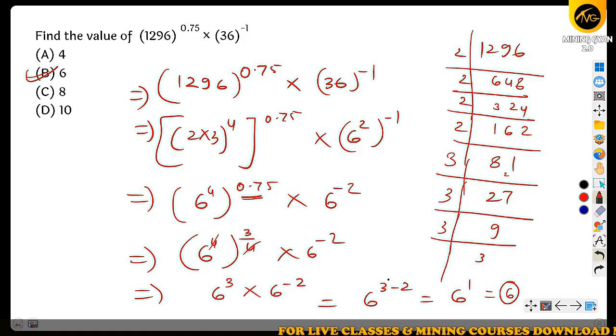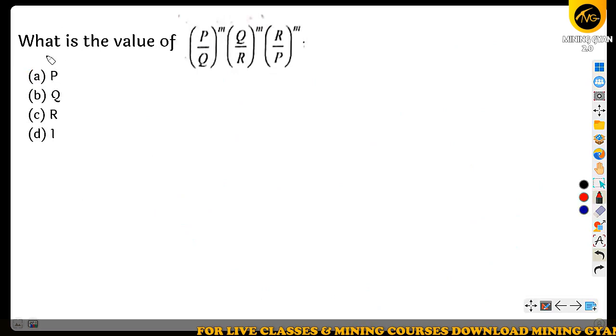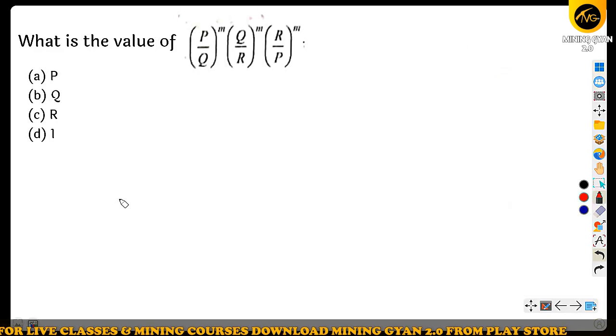Clear? Now, the next question, what is the value of P divided by Q power M, Q divided by R power M, and R divided by P power M? So the options are P, Q, R, and 1. Now we can see that all the powers are same.